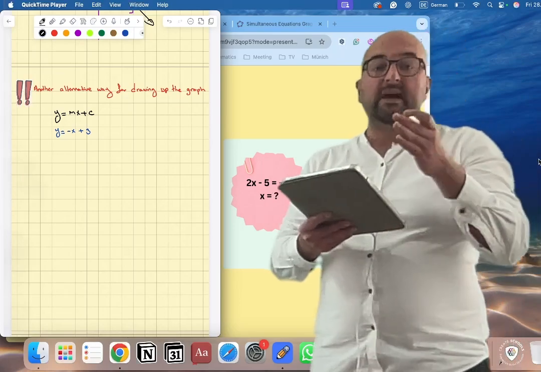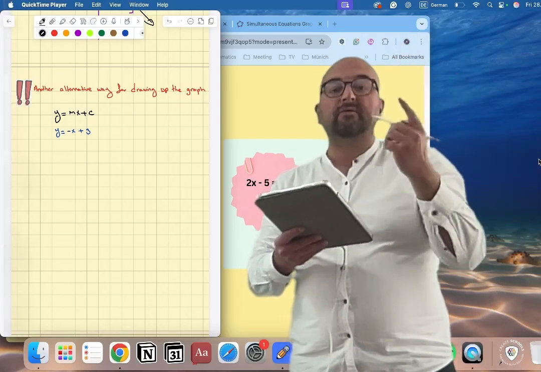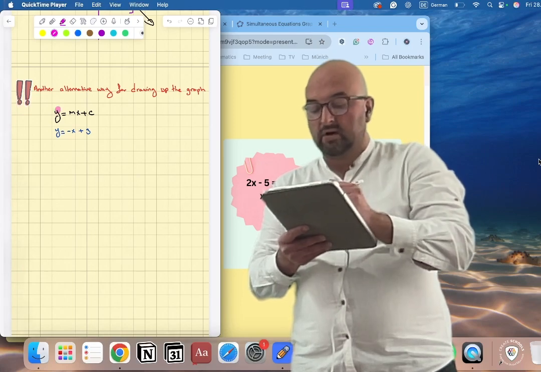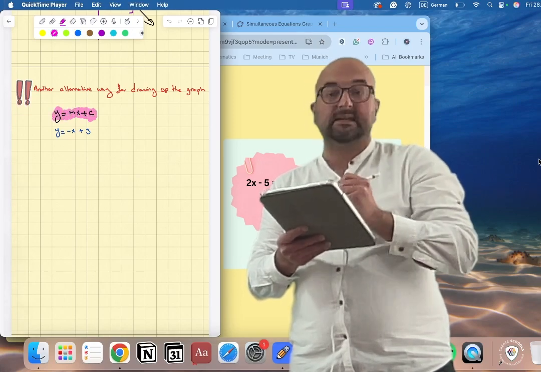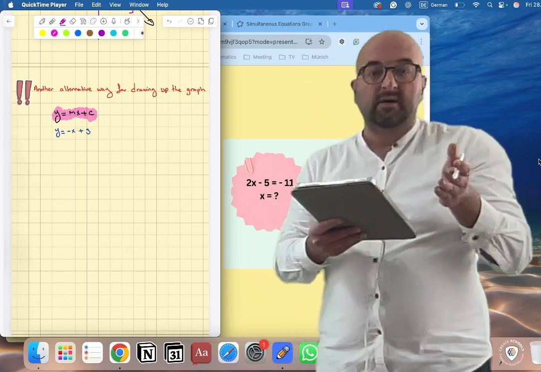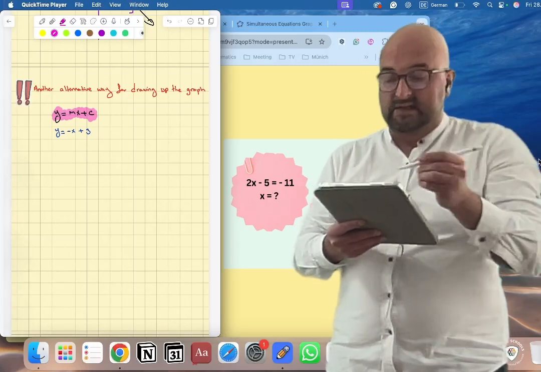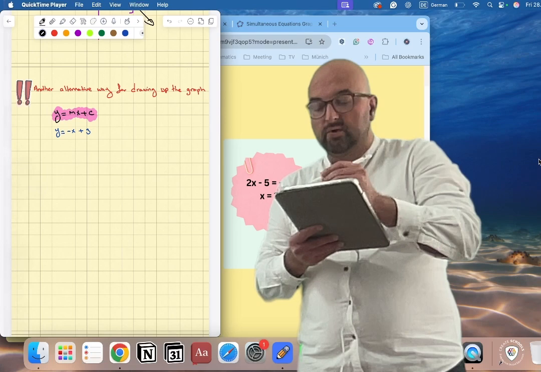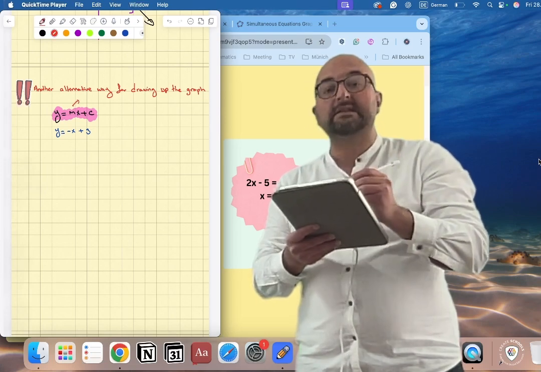Okay, the other method, as you remember, is gradients. All straight lines have only one form: y equals mx plus c. So what m is and also what c is. m is the coefficient of x and gives you the gradient or the slope.